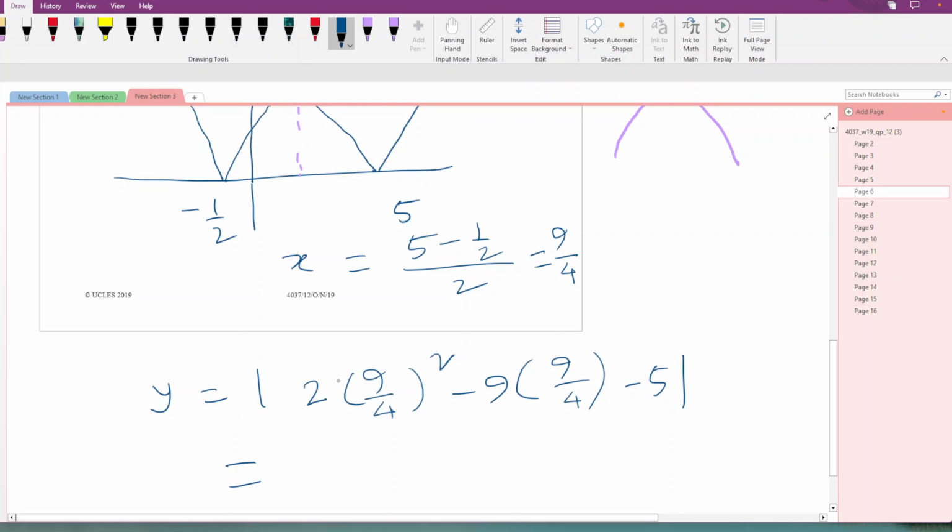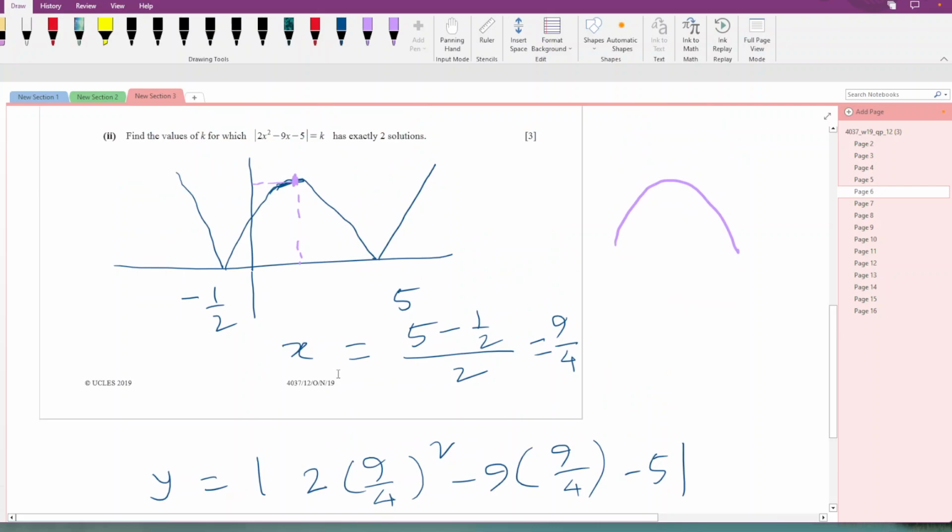This gives 121/8. Since this is the positive part, this coordinate here is 9/4 and here is 121/8.